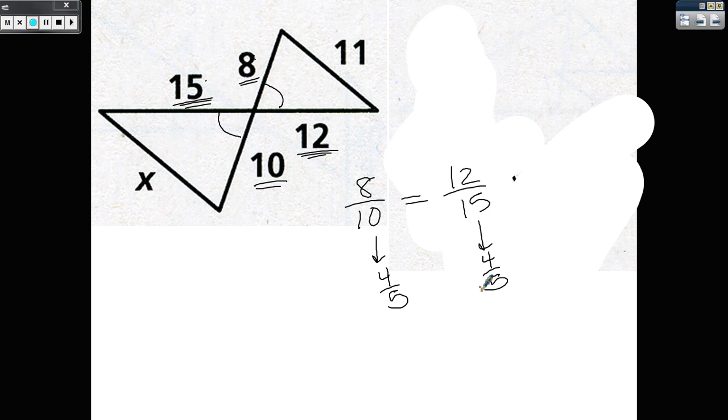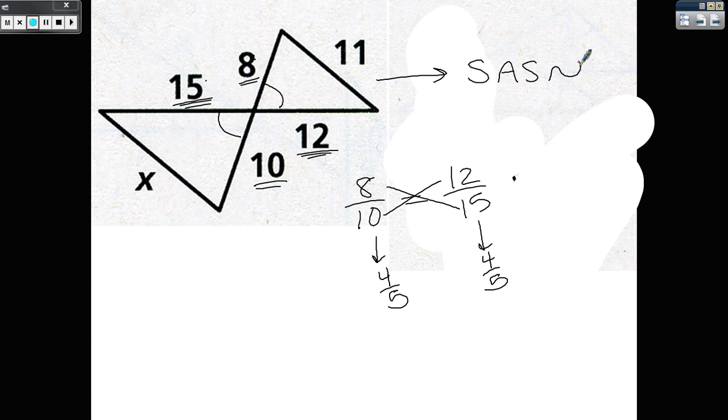If I take the cross product, 8 times 10 is 80. 8 times 5 is 40, so 80 plus 40 is also 120. So we know that we have the same ratios here. And so as a result, these two triangles are similar by side, angle, side similarity. Okay? So we've got that nailed down.